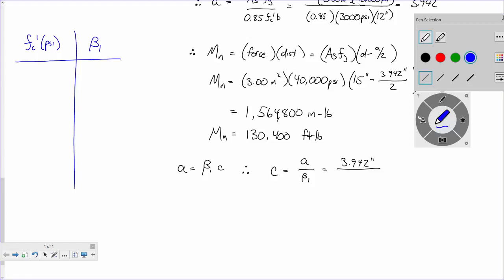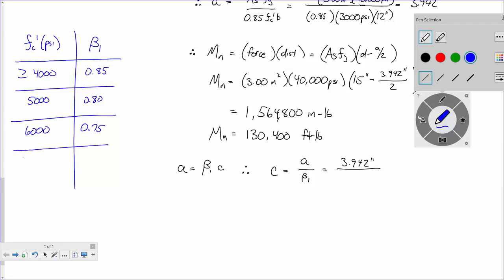Now, if you're dealing with any fc prime value that's less than or equal to 4,000, this is 0.85. And then every 1,000, you drop an increment. So if this was 5,000, this becomes 0.8. You drop 1,000, this becomes 0.75.